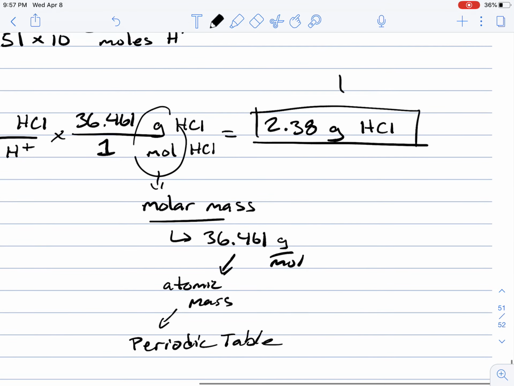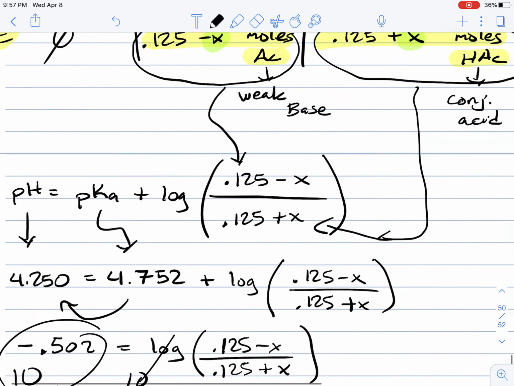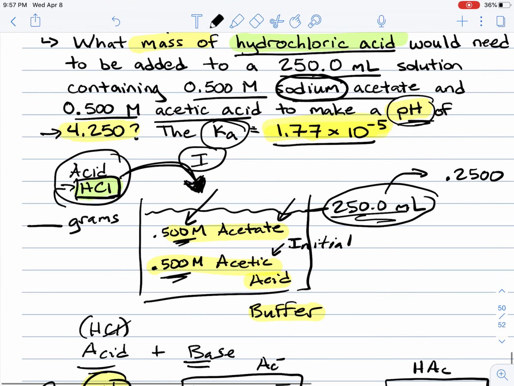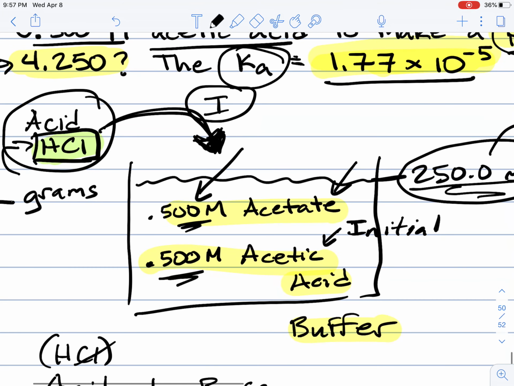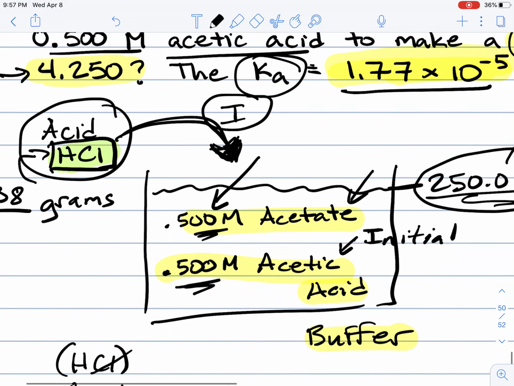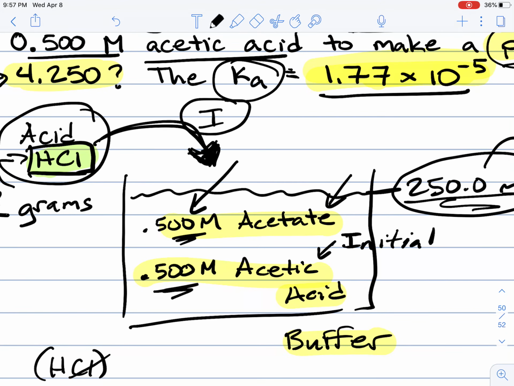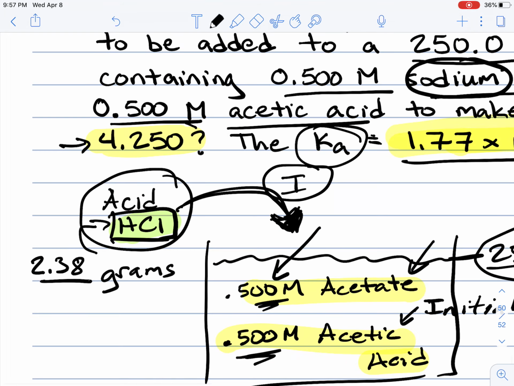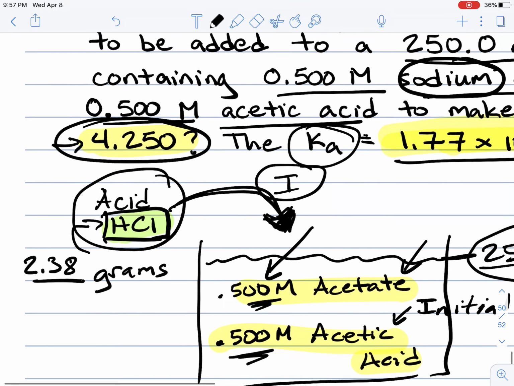So what this is telling us is that if we measure out 2.38 grams of HCl using a balance scale, and if we add it to this buffer solution, then the pH of that buffer solution is going to be 4.250.